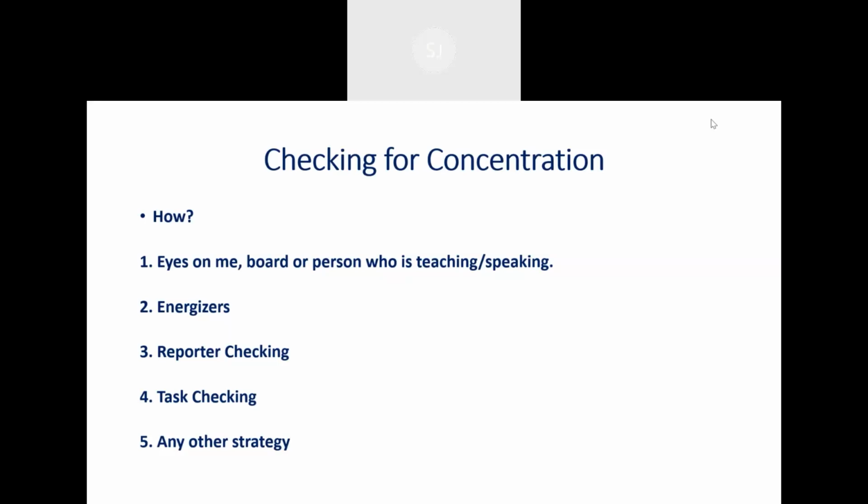Reporter checking is a very interesting strategy which we can use, where you will make one reporter, and he will report to you who in the class was concentrating. Now everyone will actually be concentrating, because the reporter is going to report to you. You will have the reporter in front of you and say, today this boy is the reporter, and I'll make maybe Ritika Gupta the reporter for today.